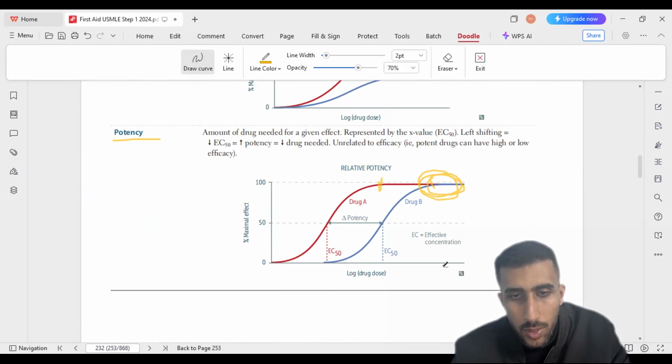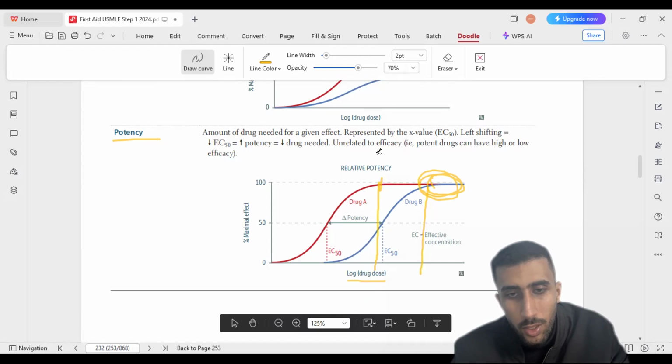This is the drug dose; this drug produces the effect at a higher dose than drug A. So this means drug A is more potent than drug B. It produces the same effect as drug B, so it has the same efficacy, but it produces the effect starting at a lower dose, so it is more potent.